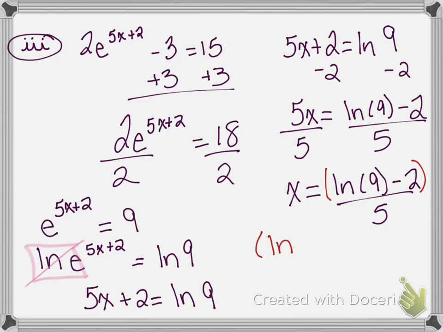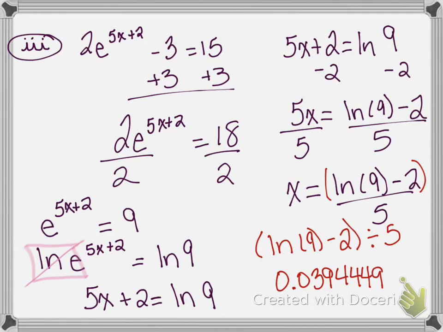As soon as I hit natural log, it's going to give me a parentheses. So I've got the natural log of 9 minus 2, and I'm going to close that parentheses. Then I'm going to divide by 5. Okay? So always make sure you've got your keystrokes correct. That's going to make a huge difference.